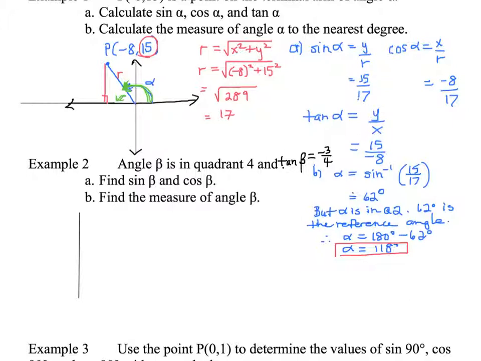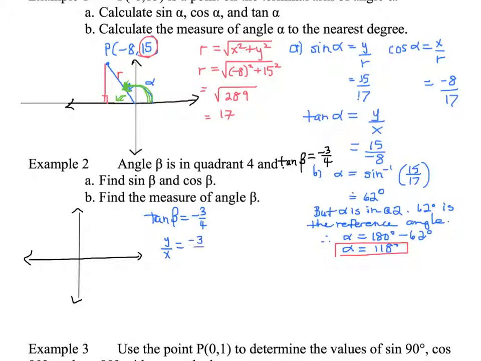So again here, I need to fill in the rest of my graph, which didn't come through properly. Okay, what we do know is that tan beta equals -3/4. Now what I know from the formulas is that tan beta is equal to y over x.